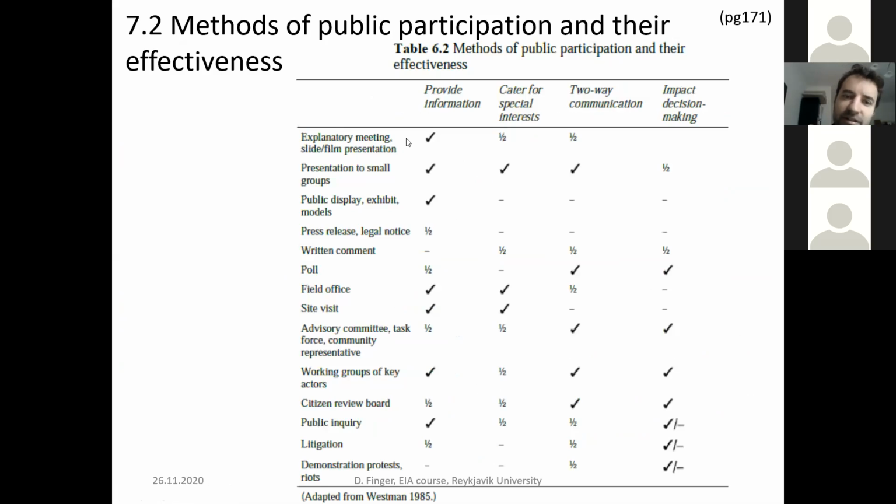Here, this is just a table again, which explains what I already tried to tell you before. For example, if you have presentations to small groups, well, it's explained in the book, but in principle, it shows how different explanatory meetings might impact the decision making.